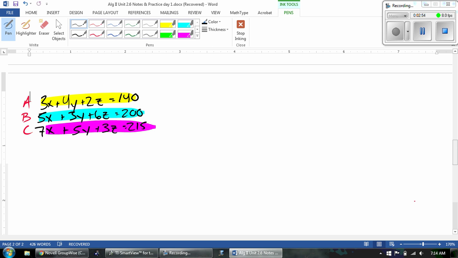So doing this by hand, the first thing we're going to do is go with A and B, and with A and B, I want to cancel our x's, because that's what we've been practicing.